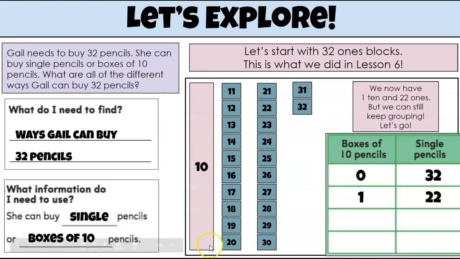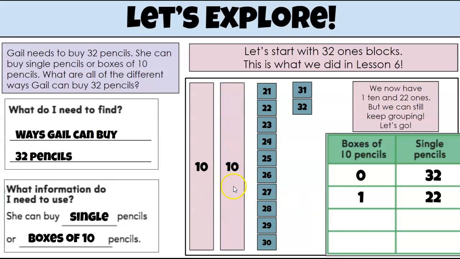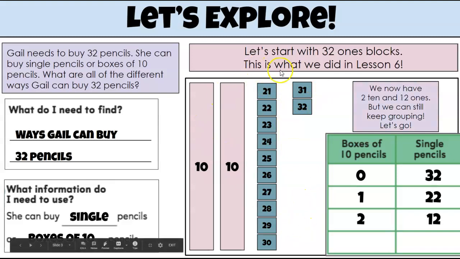So I took one of my 10s and I put it right there. Can I keep going with my 10s? Yeah, I can keep going. Now I took another group of 10. And how many ones do I have left over then? I have 12, right? Do you see a pattern here?